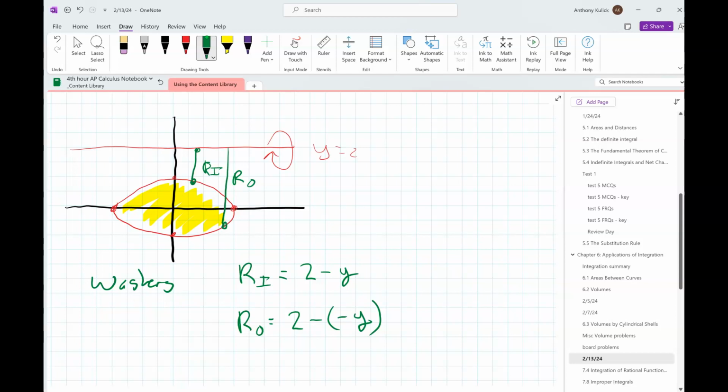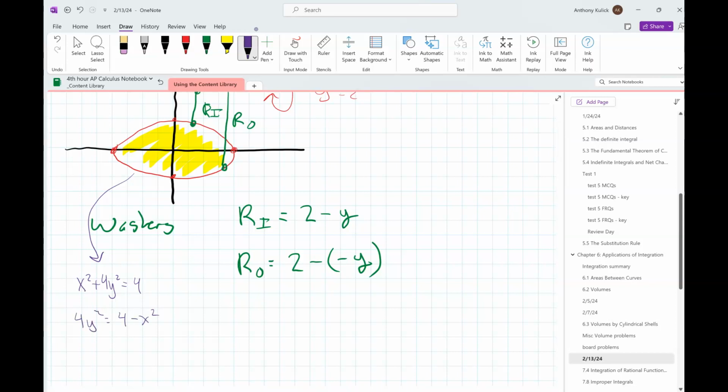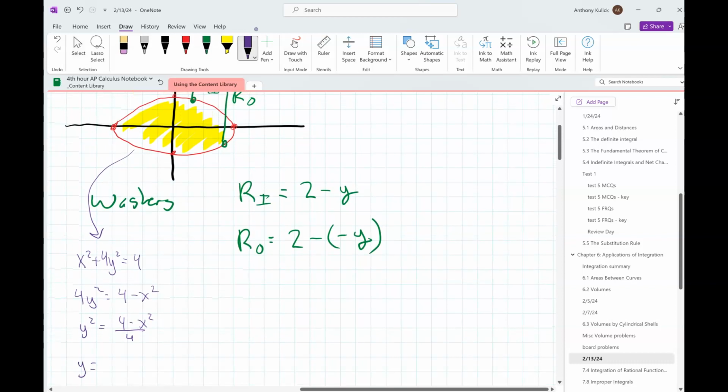y? Well, if we think about it, this guy was the function x squared plus 4y squared equals 4. If I want to write this in terms of y, I would subtract the x squared from both sides, divide both sides by 4, and then square root both sides, right?